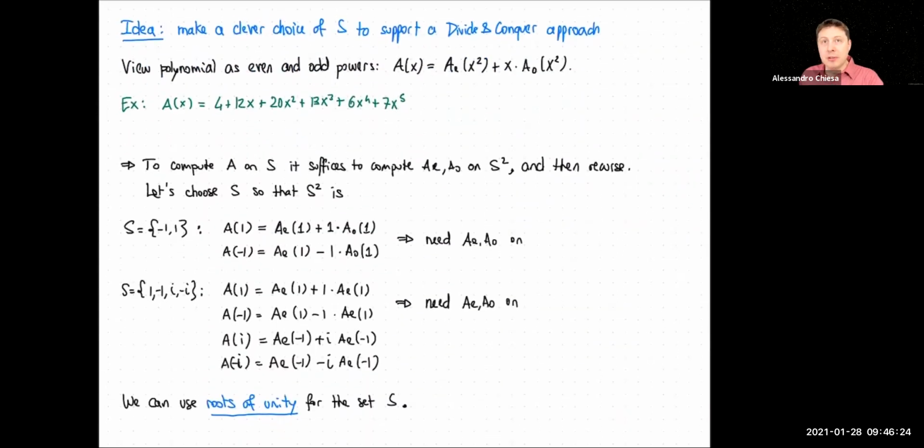Okay. So at a very high level, the main idea to make progress to achieve a faster polynomial evaluation algorithm is that we're going to make a very clever choice of S so that we're going to support a divide and conquer approach.